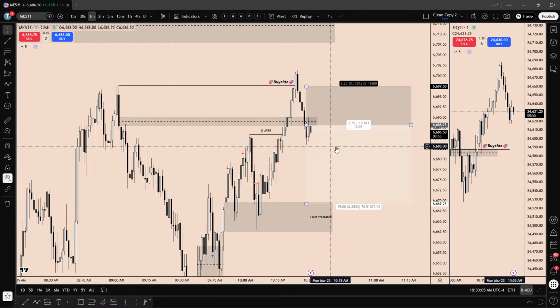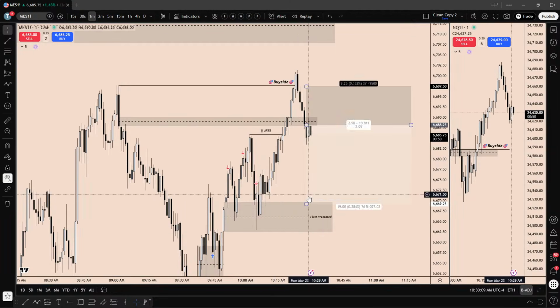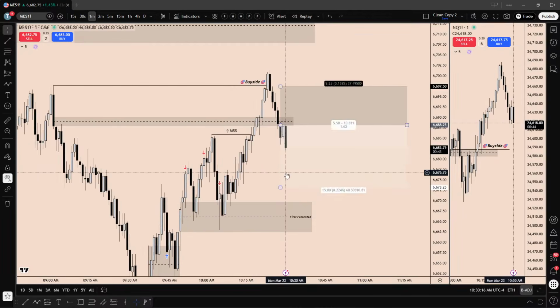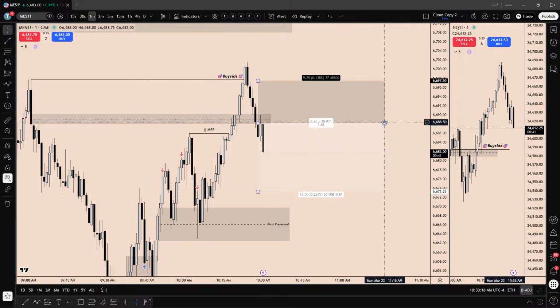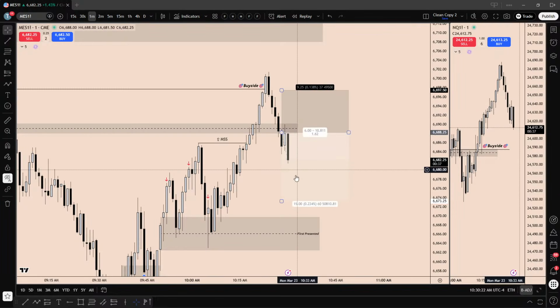Nice. Yeah, we'll watch that. 10:30, so that's the morning range high now. If we don't want to clear morning range high, we work back into the range. First presented is a good objective, even if we don't want to get all the way in there.